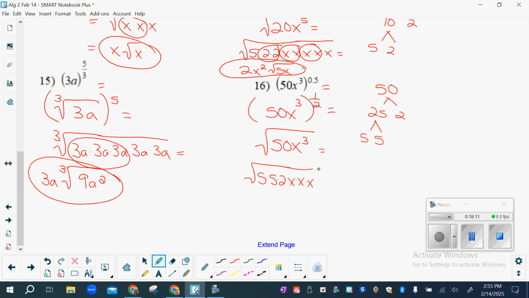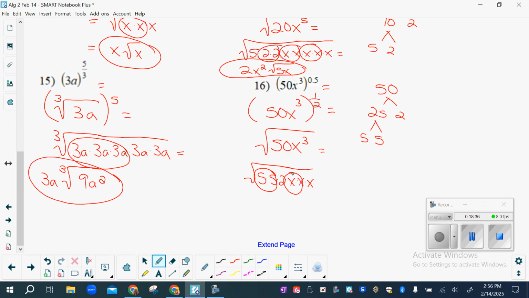And then what do we have pairs of? Sorry, no, we have a pair, not pairs of 2, but a pair of 5. And then what else do we have a pair of? X's.